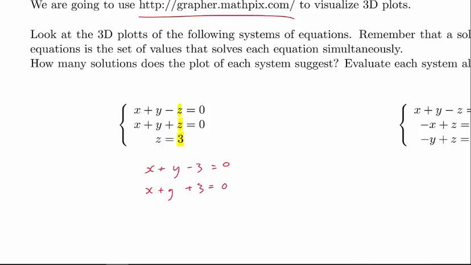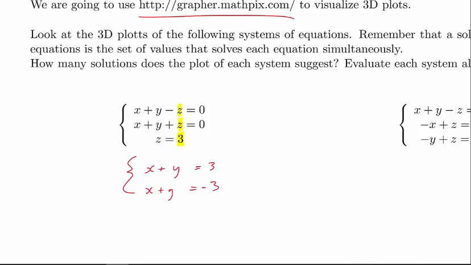And they each equal 0. And then move the 3 over in each case, add 3 to both sides here, so that we have x plus y equals positive 3, and then over here we have x plus y equals negative 3.